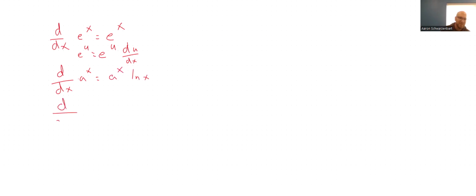For logarithms, the natural log, again the easy one, or you might see it as ln u, which is 1 over u du dx, which means that du dx, or whatever that derivative, goes on top. We're dealing with a log of a different base.